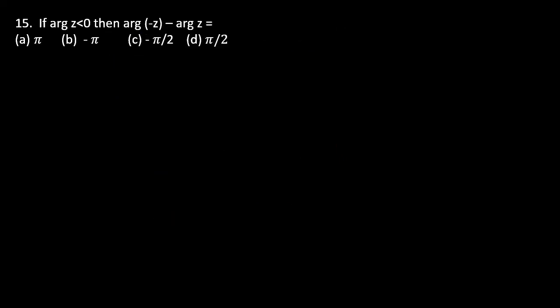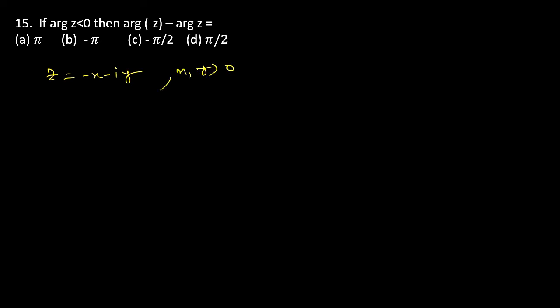Next column. If argument of z is negative, then argument of minus z minus argument of z is pi by 2? Let's look. Argument of z is negative, so we can take z as minus x minus iy, where x, y are positive.